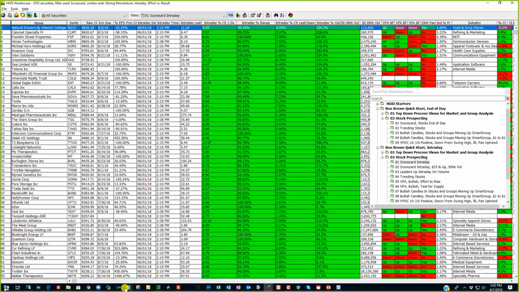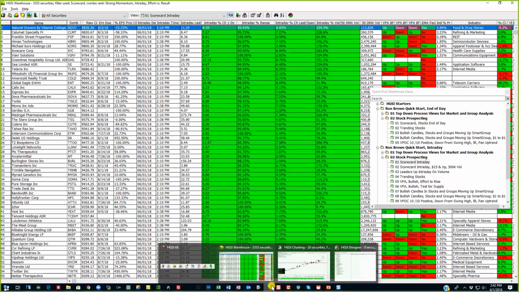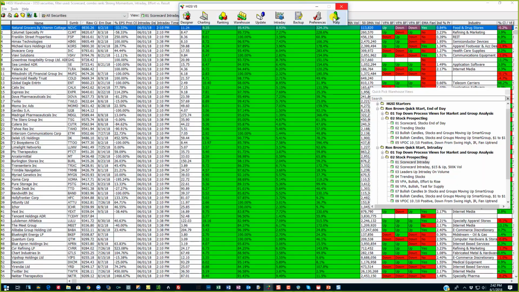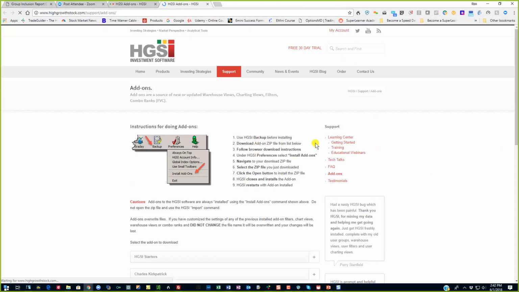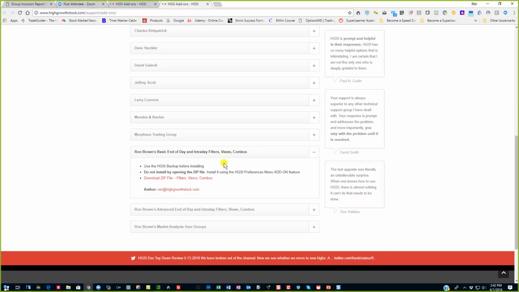And speaking of the website, let me bring this up. First of all, if you go to your help menu and go to the add-ons page and you scroll down to the bottom, these are my basic files right here. You just download this zip file.